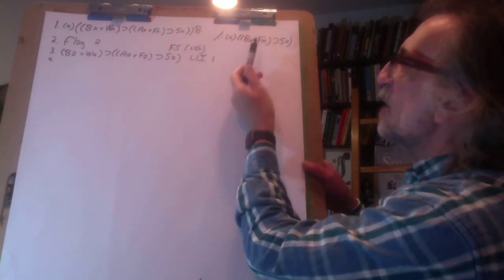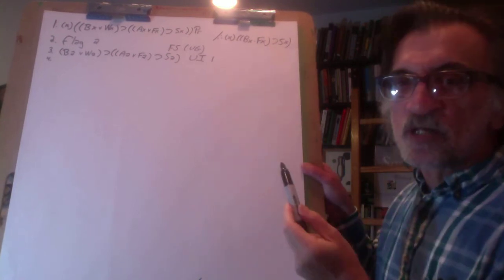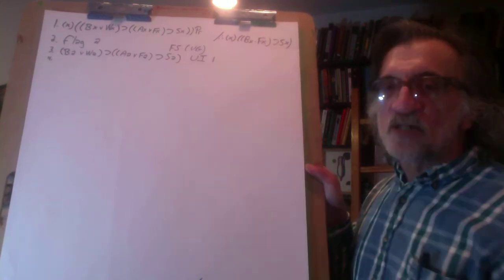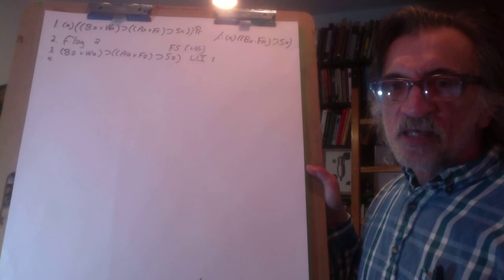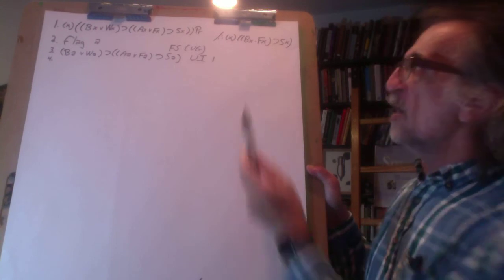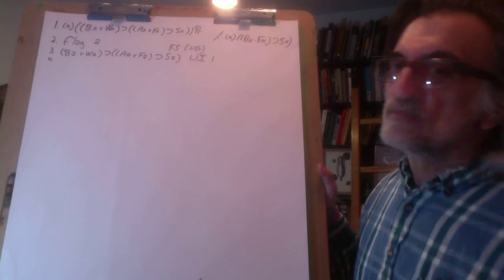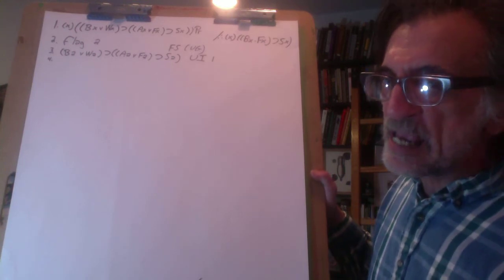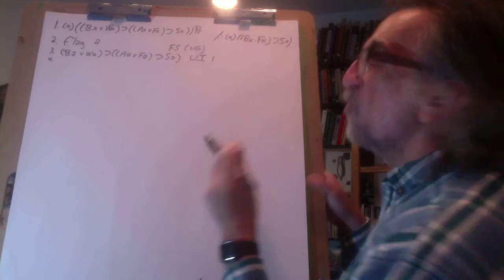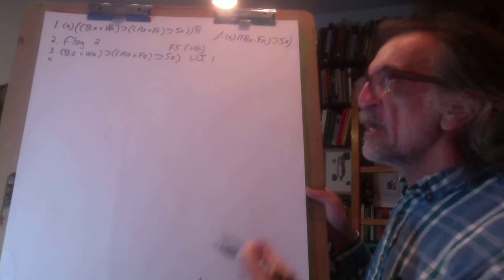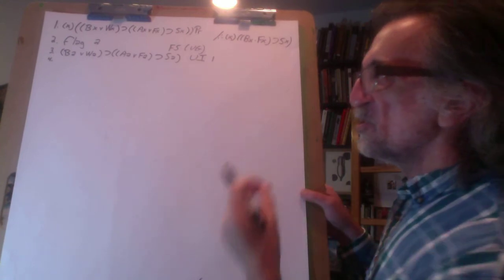Okay, now we're looking ahead. We see that we want to prove a conditional statement. The antecedent of that conditional is BX and FX. We're talking A names now, okay? So we're going to give ourselves an assumption as we do in conditional proofs.